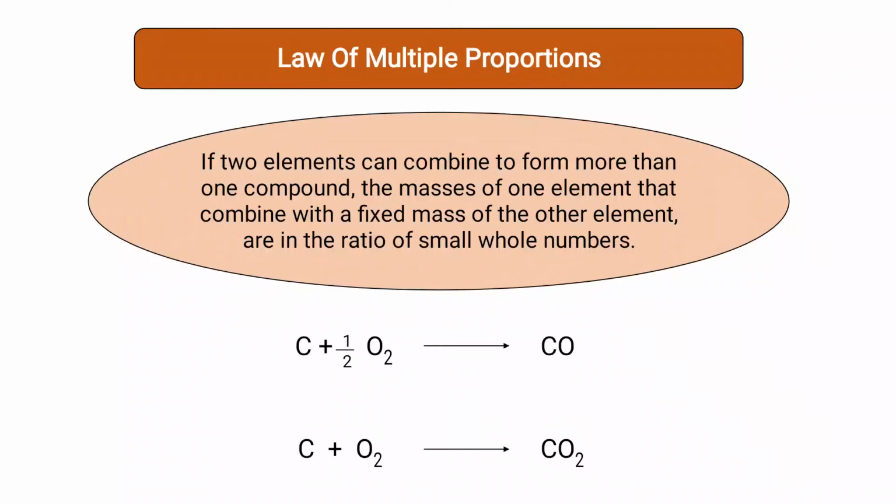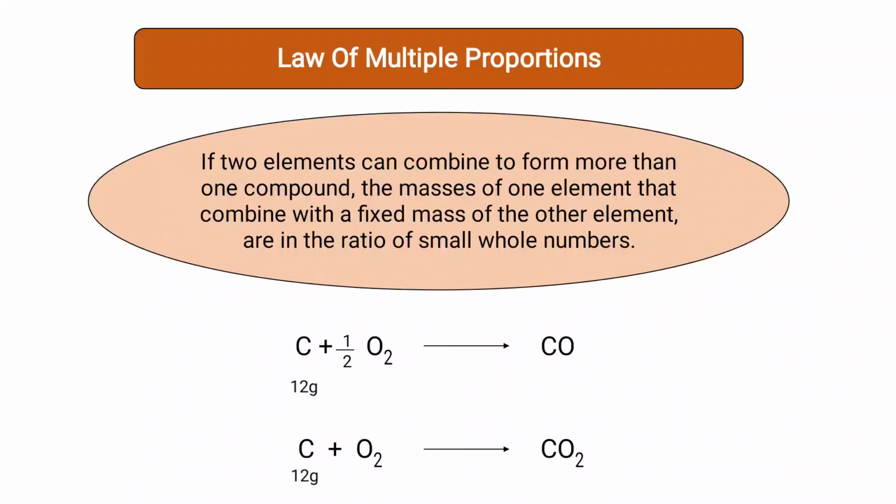So the mass of carbon in both the reactions is equal to 12 gram. Whereas if we look at the masses of oxygen, in the first reaction, we know that the atomic mass of oxygen is 16, and since there are two oxygen atoms, it is 16 into 2, that is 32. Whereas there is half, that is divided by 2.